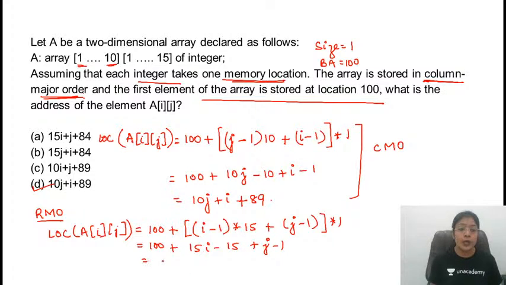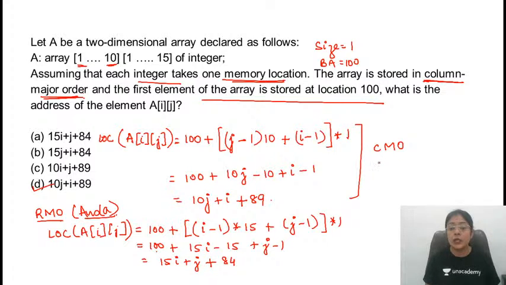This comes out to be 15I plus J plus 100 minus 16 is 84. Then in that case, if it's row major order, then answer is A. If it's column major order, then answer is D.